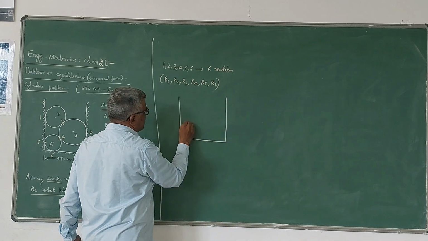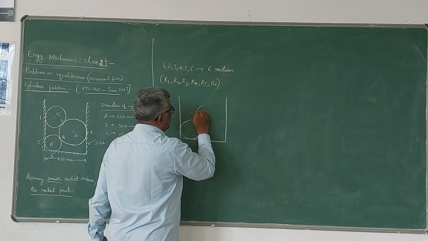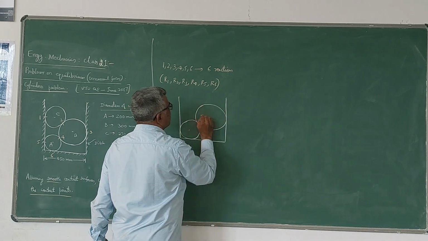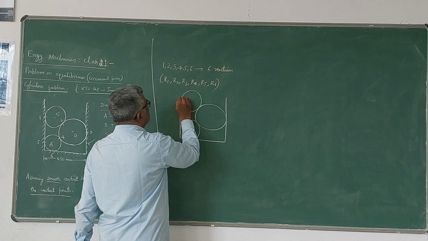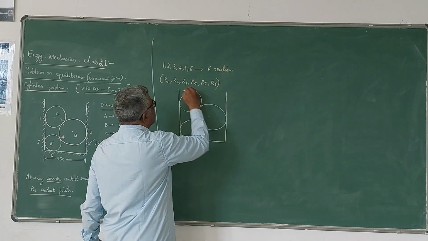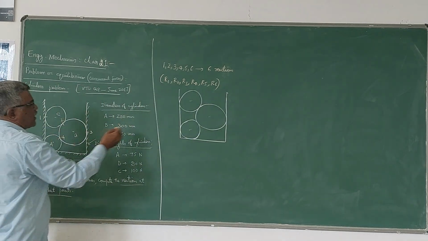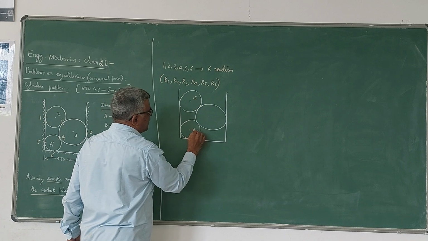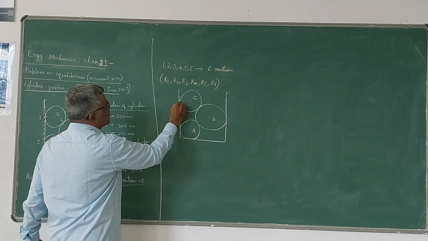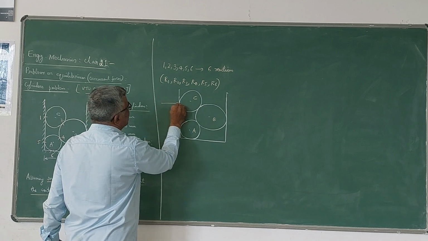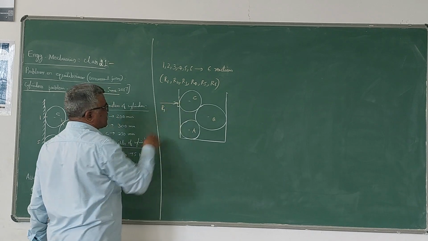So first cylinder is here, second cylinder is here, third cylinder is here. Now I have given you the contact points. The first contact point is 1. So these are the cylinders A, B, C. So the first contact point is 1 here. So reaction here will be normal to that contact surface. This is 90 degrees.